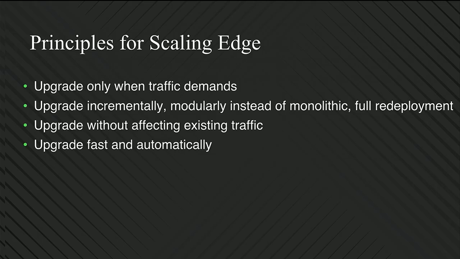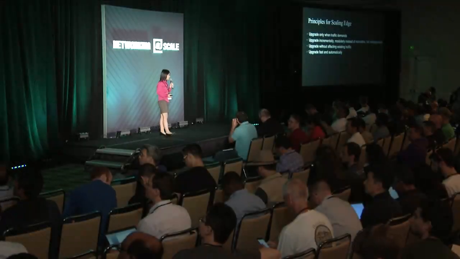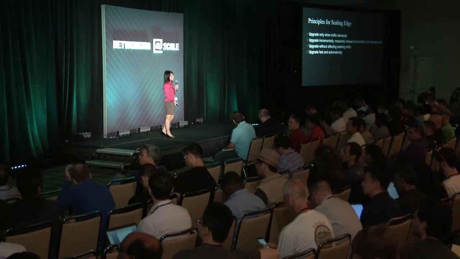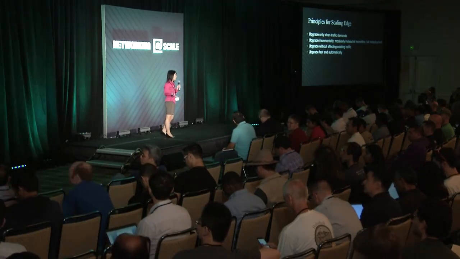This is due to space and power limitations in our edge network size. And third, upgrade without affecting existing traffic, so our users are not affected by this upgrade. And finally, upgrade fast and automatically, so we can roll out our new content type like Facebook Live globally as fast as we can.